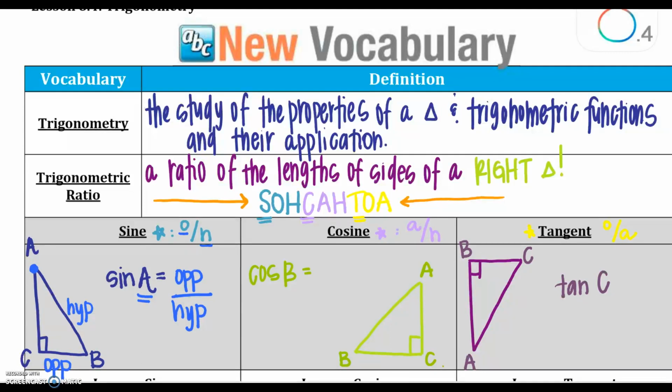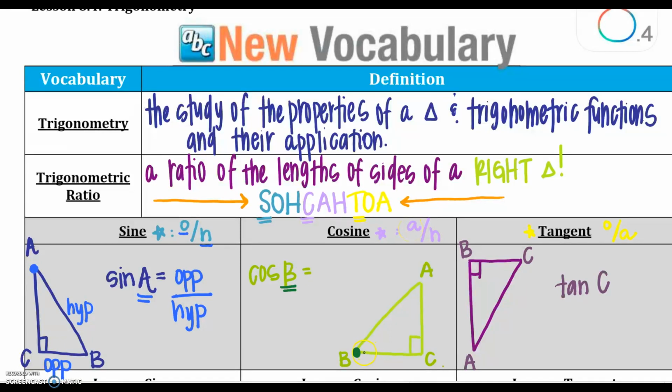All right, moving on to the next one, we are looking at cosine. Remember, cosine is adjacent over your hypotenuse, but I first have to identify what angle they are asking me to use, because this ratio is going to be different if that said cosine of A. So cosine of B, remember, is my adjacent.